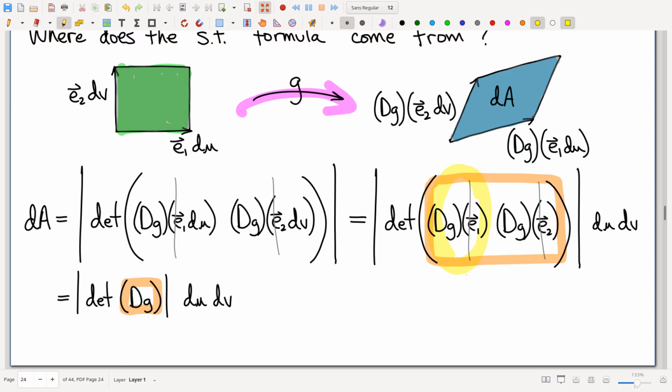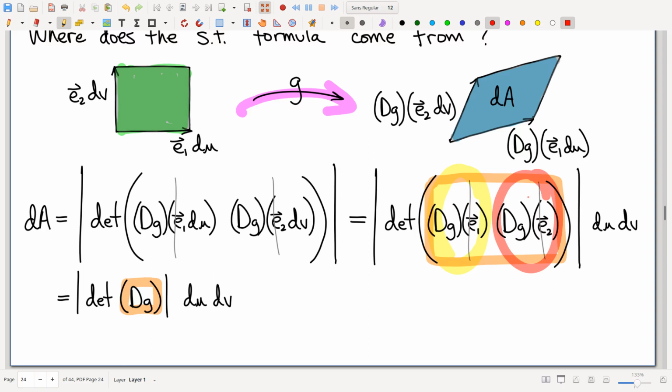And what that means then is this first column of this matrix we're trying to understand is the first column of dg. That means that this matrix I'm trying to understand has the exact same first column as dg. Likewise, if I look at this second column here, what is this second column? dg times E2.